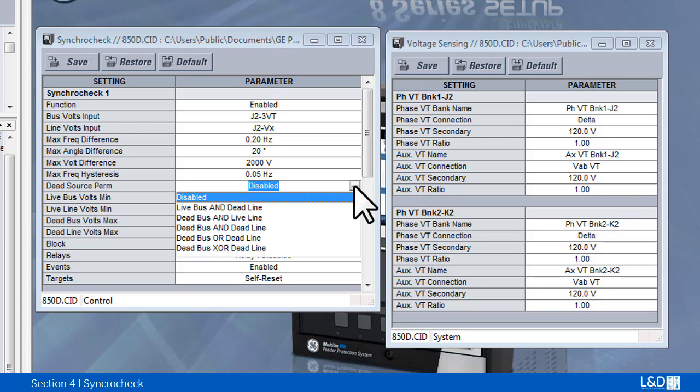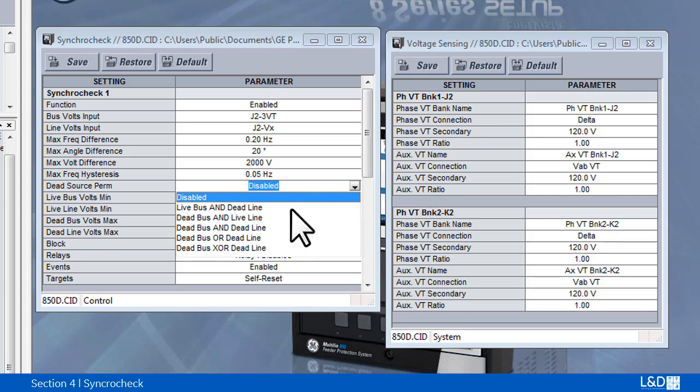There are 6 options. Disabled, that is, dead source permission is disabled. Live bus and dead line, dead bus and live line, dead bus and dead line, dead bus or dead line, dead bus exclusive dead line, which means one source is dead, another one is live.